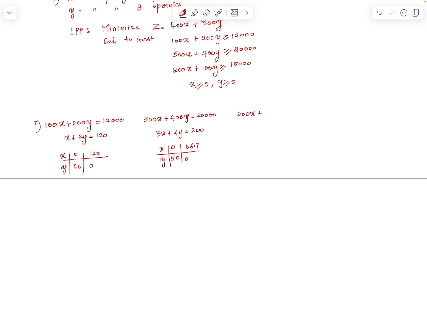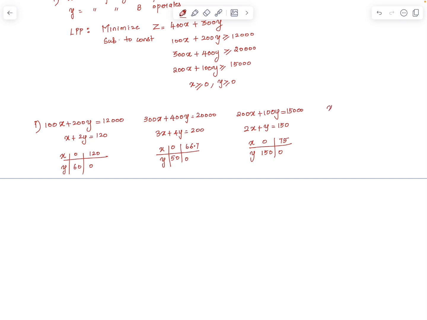The third one is 200X plus 100Y equal to 15,000. Reducing this, we get 2X plus Y equal to 150. For X 0, we get Y as 150, and for Y 0, we get X as 75.